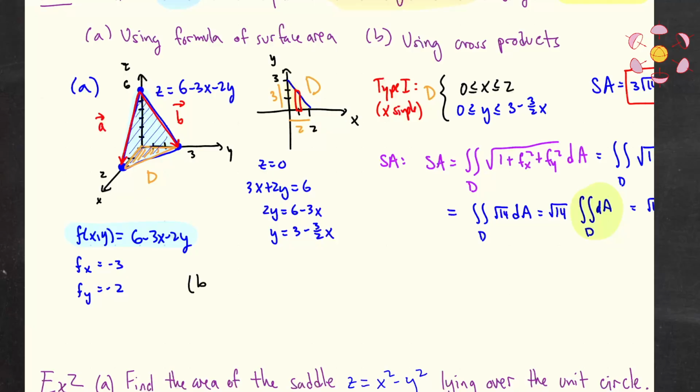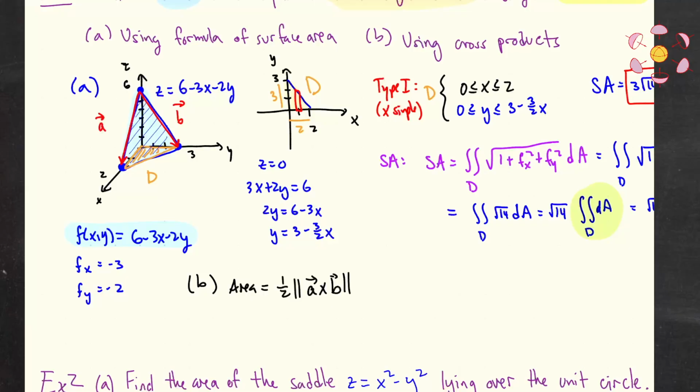So for part B over here, we're going to say, okay, the area of the triangle is 1/2 the cross product of A and B, and then do the magnitude, because again, area should be a scalar, not a vector.